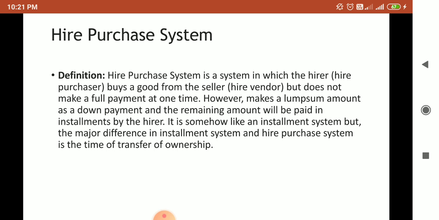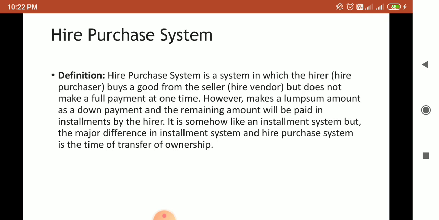After that, another important concept is hire purchase. Here, let us understand what the hire purchase system is, the parties involved in it, and other basic concepts, so that when we visit any nearby company, we can understand the process of the hire purchase system and its reflection in the books of accounts.